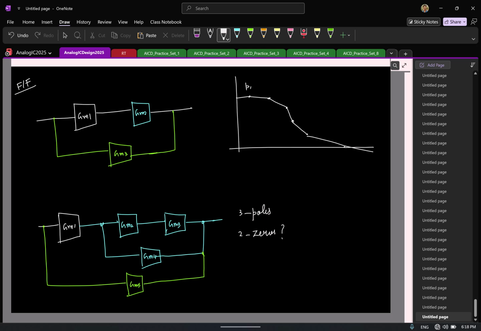And in general, if you have a total of NP poles, how many zeros should I have? I should have NP minus 1 zeros to get the feed forward compensation.